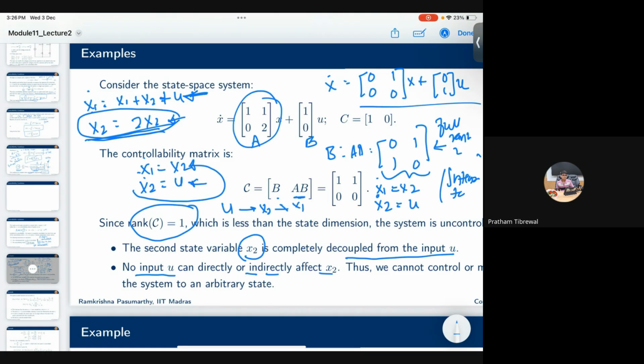So here you see, x1 dot is x2, but x2 can be controlled by u. Whereas in the first example x2 dot is just 2 times x2. Just by controlling x1, I am unable to control x2. So that is a little distinction here. So no input u can directly or indirectly affect x2 in the first example. Thus, we cannot control the system to an arbitrary state.